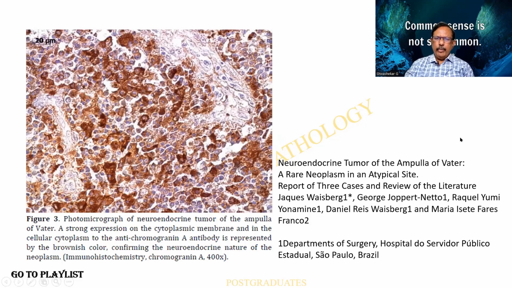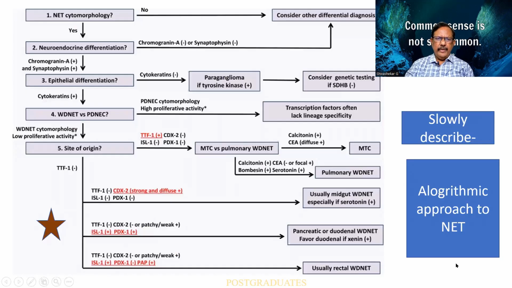This again, at the ampulla of Vater, there is a neuroendocrine neoplasia. Kindly read the legend of it and the reference is given. This is a wonderful picture again. It is worth it. Now you are having the neuroendocrine tumor morphology. So what else is it going to show us? Whether it is going to be no, then you'll have to consider the other differential diagnosis.